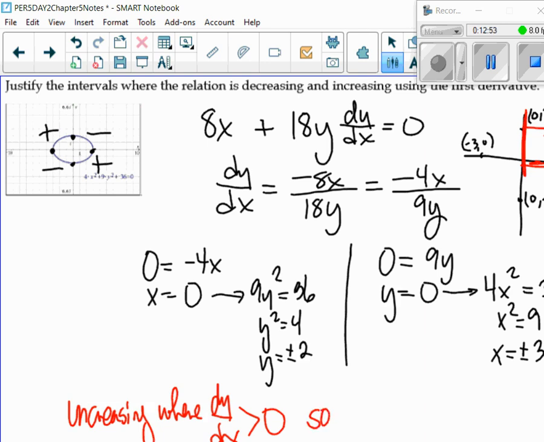So that is when x is between 3 and 0 and y is between negative 2 and 0 at the same time. Yes? That's the quadrant 4 one, right?